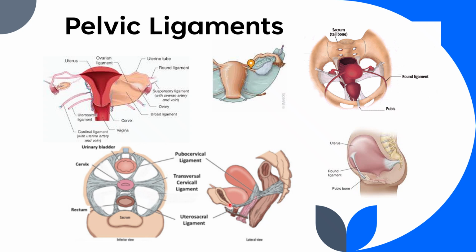And that uterosacral wraps around the cervix and goes all the way back to the sacrum, passing on its way the rectum. So you can see it here wrapping around and coming straight back. Okay, so it starts there and wraps back, really supporting the cervix.